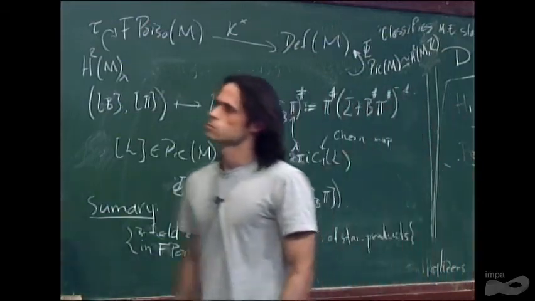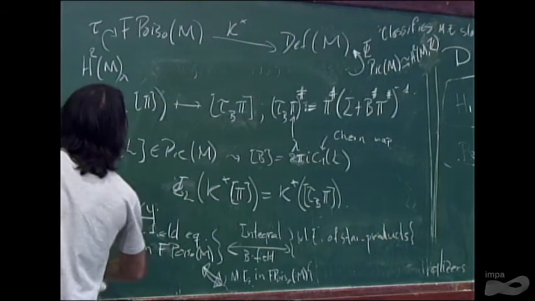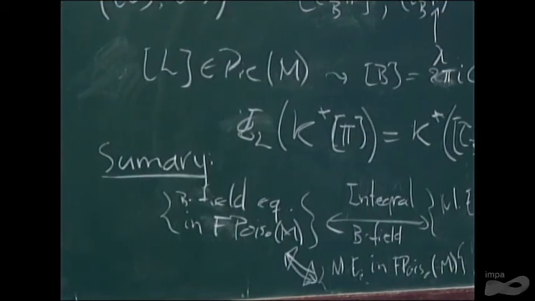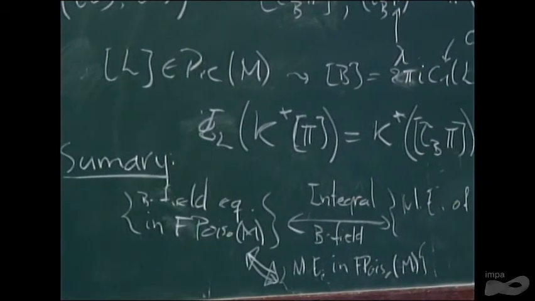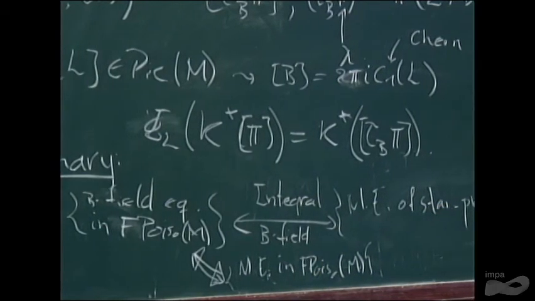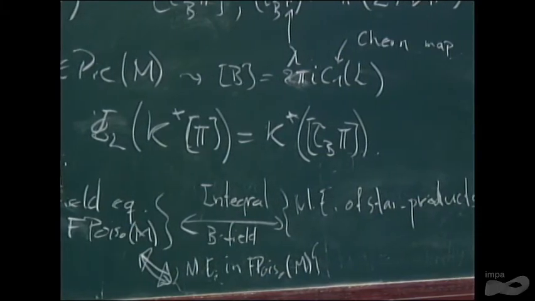Okay, so I underlined this because I didn't know if we were going to have time. Do I have some time? Five minutes. Okay, so there are lots of open questions, but let me just point to one. This is not an open question related to this work itself.